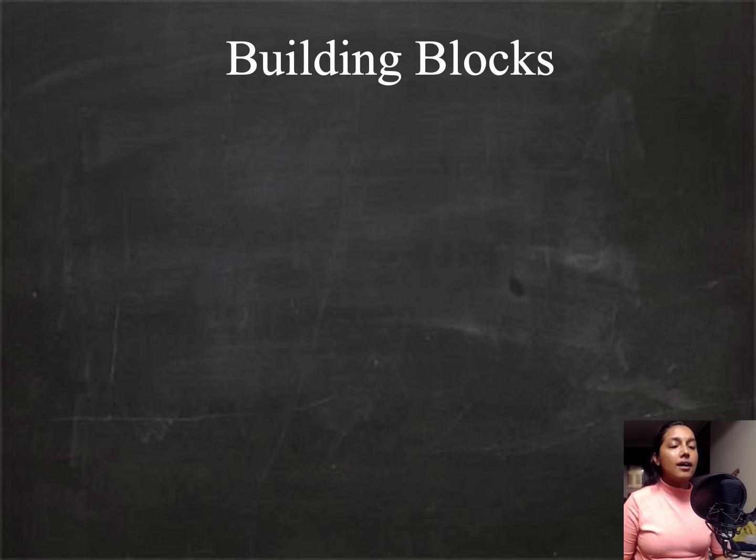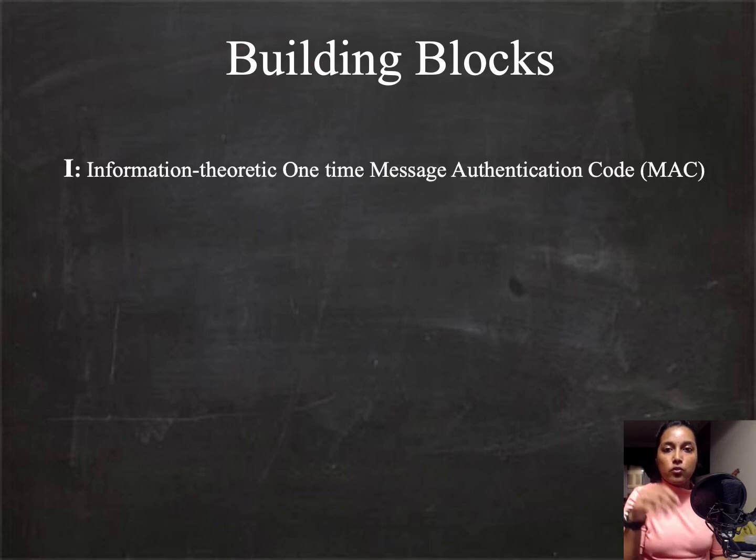So with that target and premise set, let's look at how we actually build these rate 1/3 codes. For that, I have to first start by telling you what our building blocks are. We require three building blocks, all of which are simple. The first building block is information theoretic one-time message authentication codes.